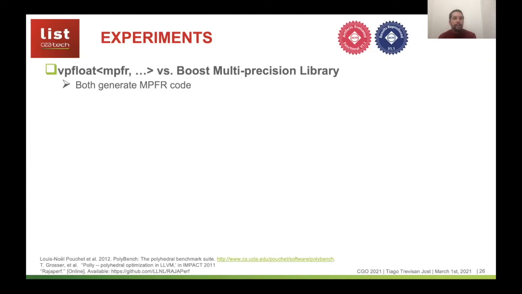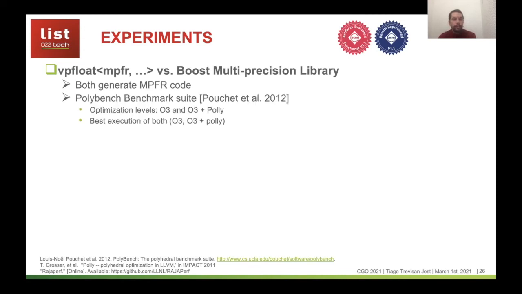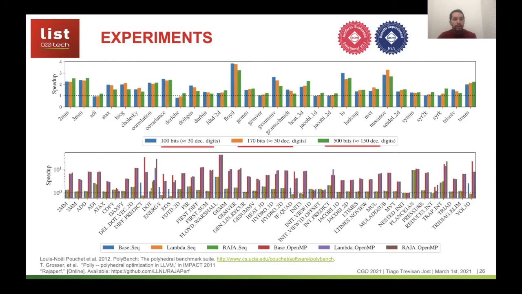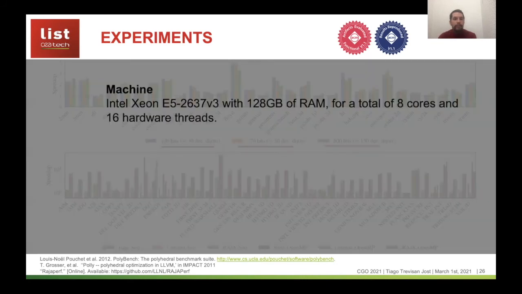The first experiment that we did was to compare the VP-float MPFR with Boost multi-precision library, both of them generating MPFR code in Polybench suite and also in Rajaperf and with different configurations. This was artifact evaluated and reproduced. So in terms of the results that we got, this was done in a machine Intel Xeon with 8 cores and 16 hardware threads.